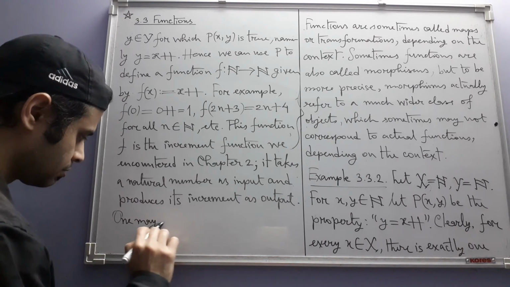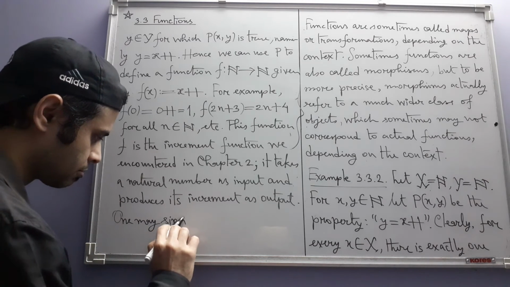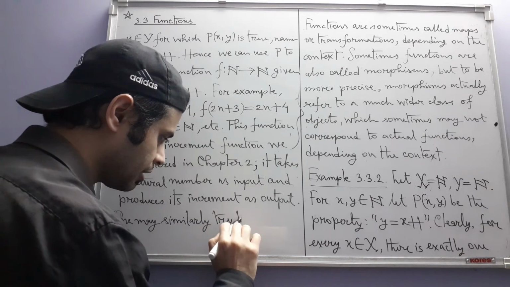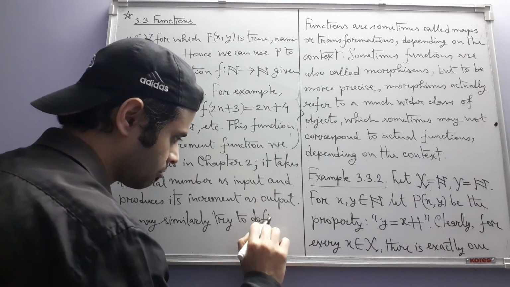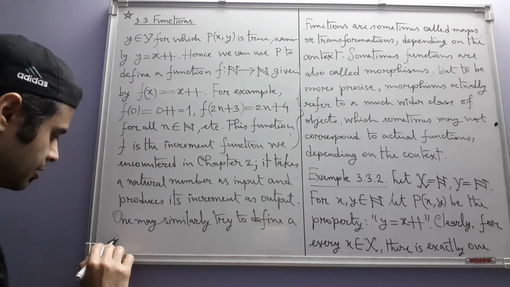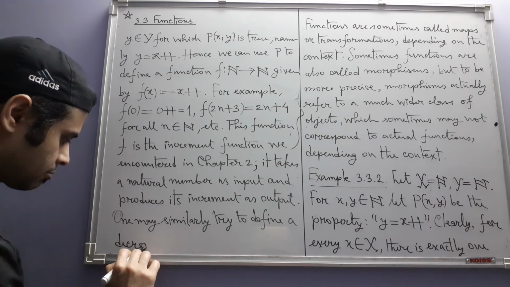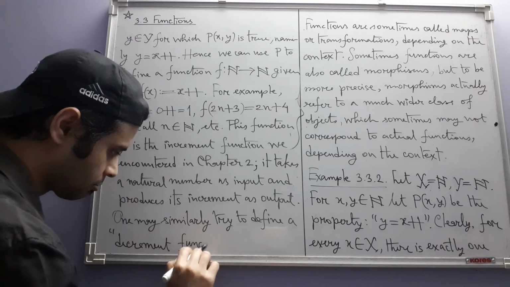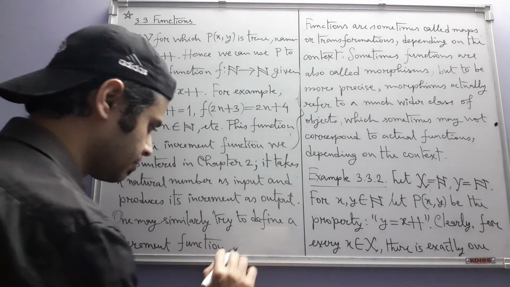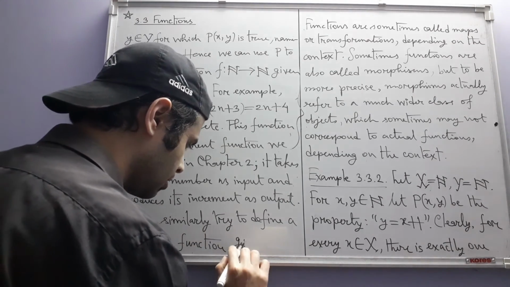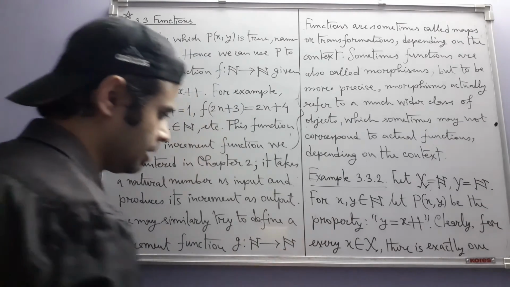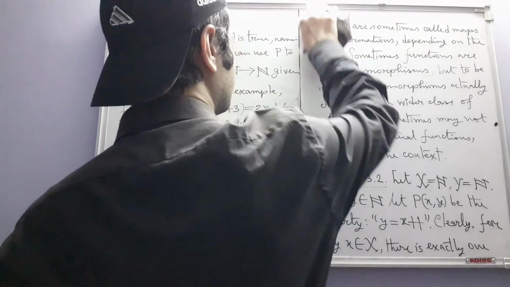One may similarly try to define a decrement function, say g from N to N, and g will also be given by a property.